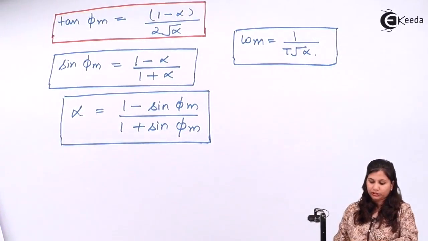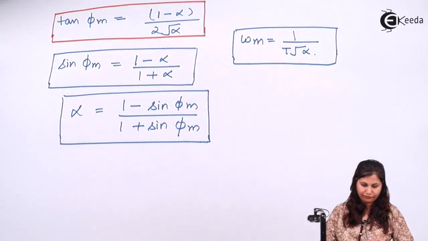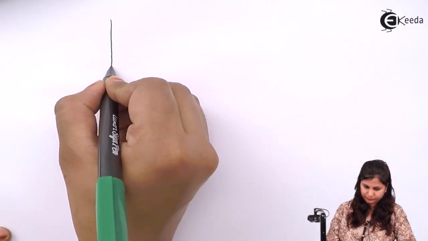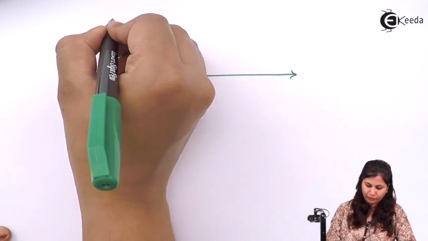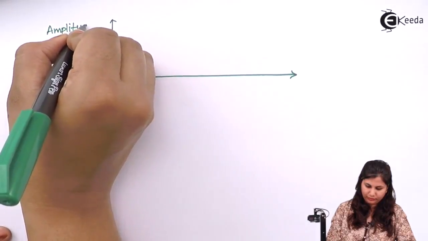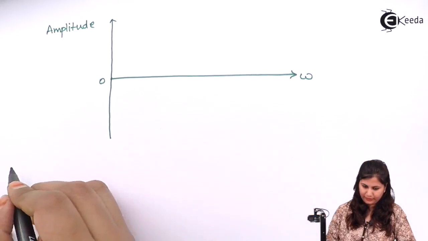Now let us draw the Bode plot for this phase lead network. So if we see the Bode plot, on the Bode plot, this is the amplitude, or we can say the magnitude. This is the zero line. This is frequency.